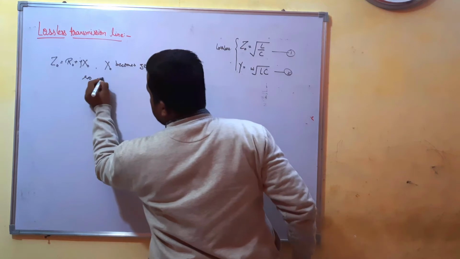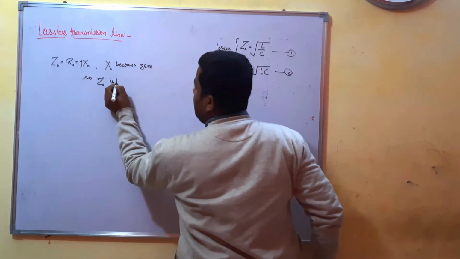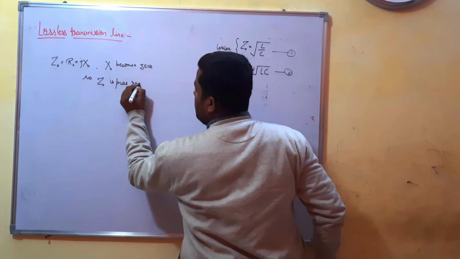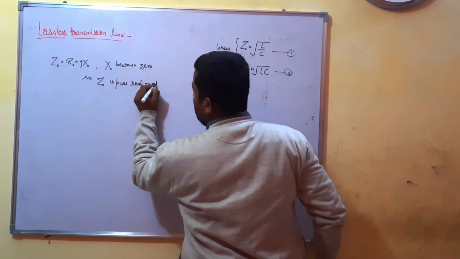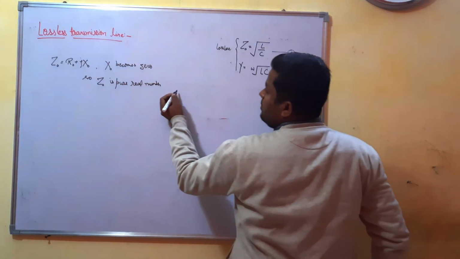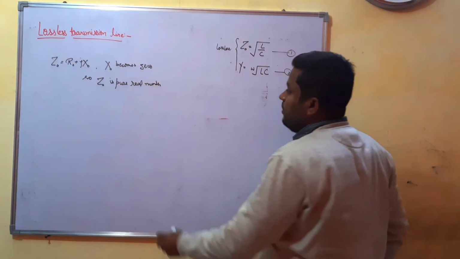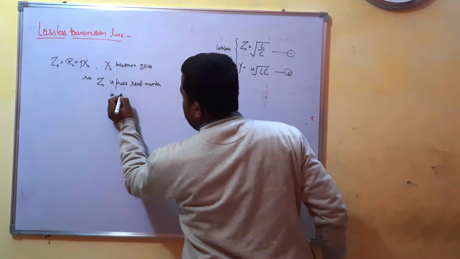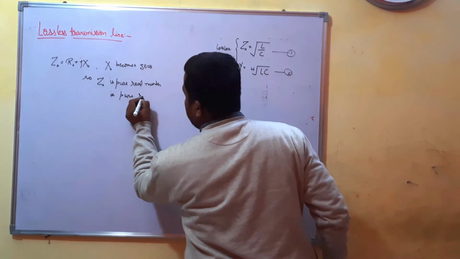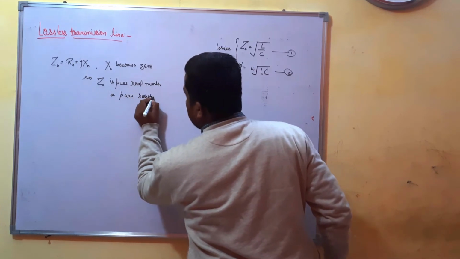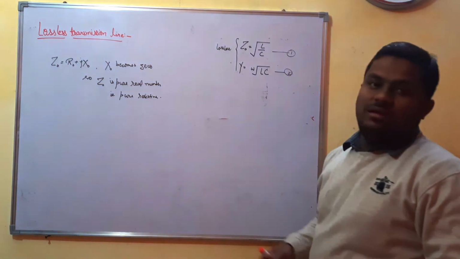So Z0 is a pure real number, that is, it is purely resistive in nature.